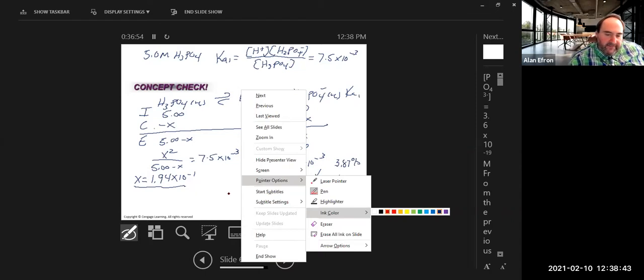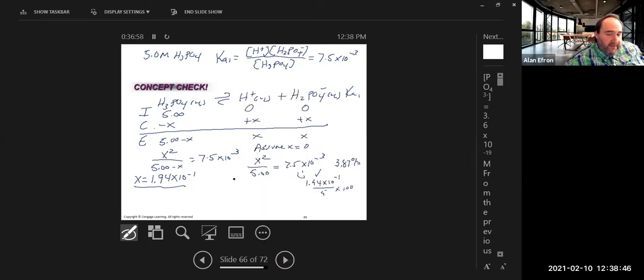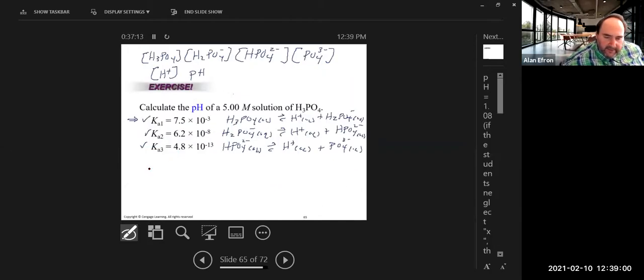Now, if we look at that X value, it does give us some information now about everything we're looking for. We see that the H plus concentration is equal to X. The H2PO4 minus concentration is equal to X. So right off of the first table, we have the concentration of H plus, which would equal the concentration of H2PO4 minus. And that's going to equal our 1.94 times 10 to the minus 1 molar. So that takes care of this guy and this guy so far.